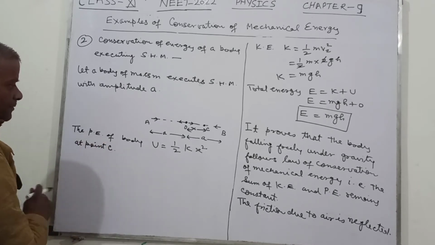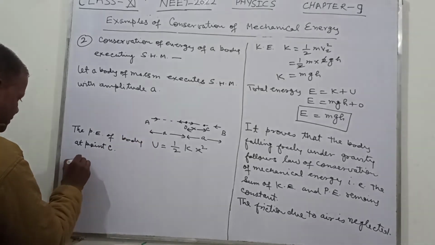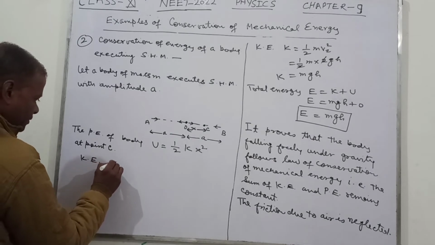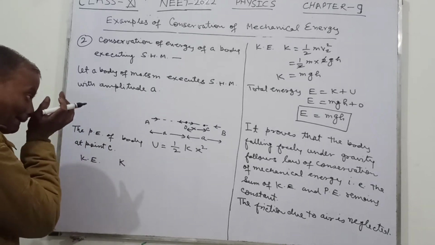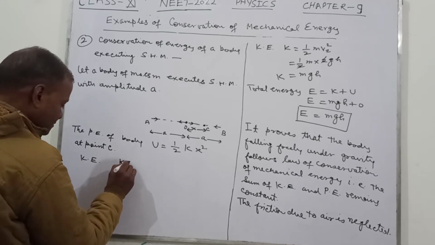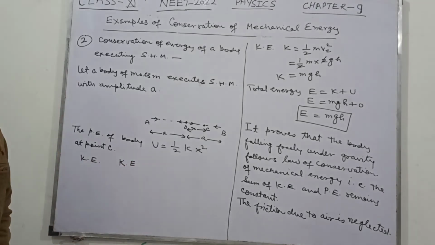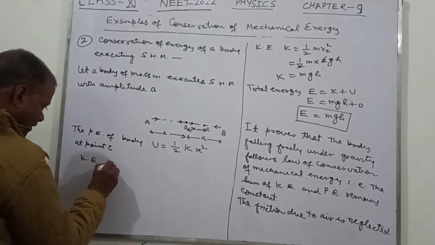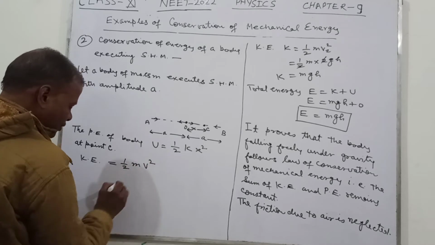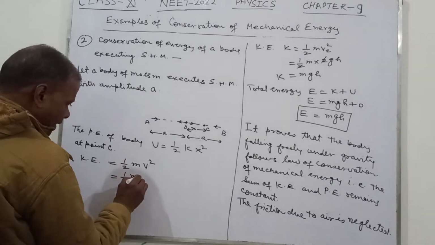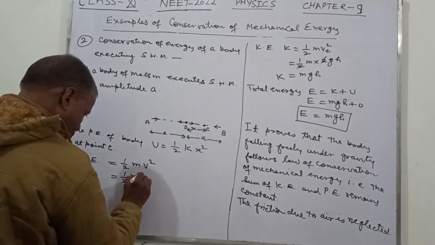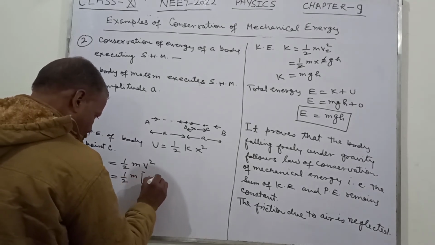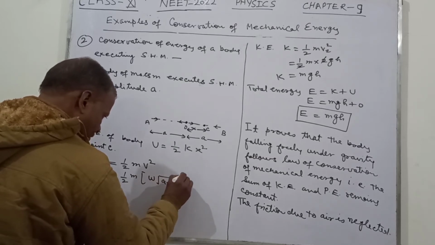And the kinetic energy is equal to half m v square, which is half m times omega square root of a square minus x square, whole square.